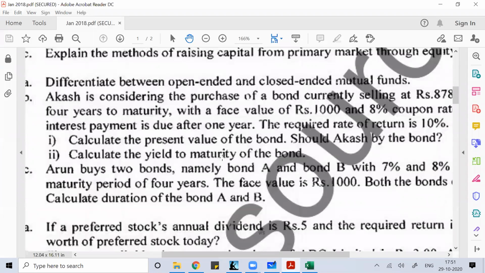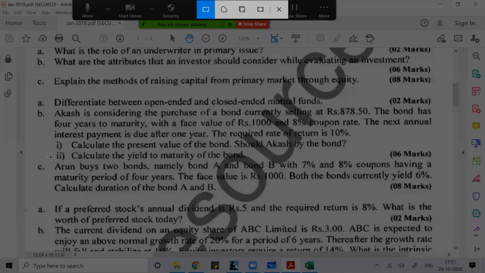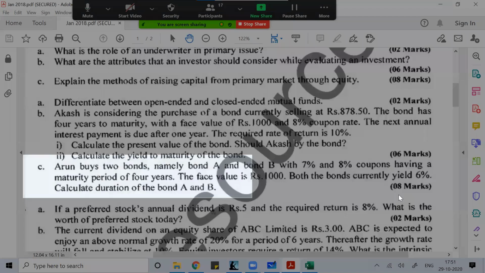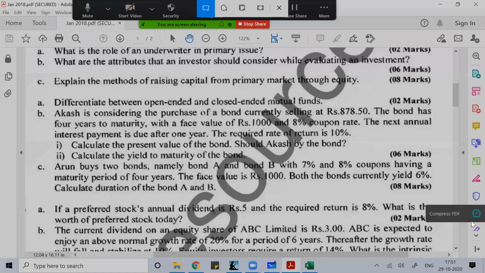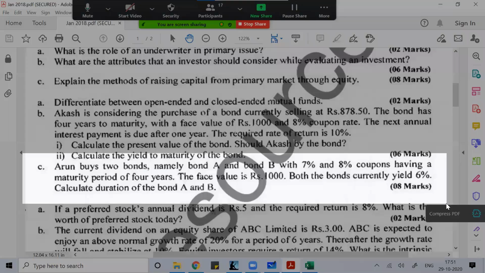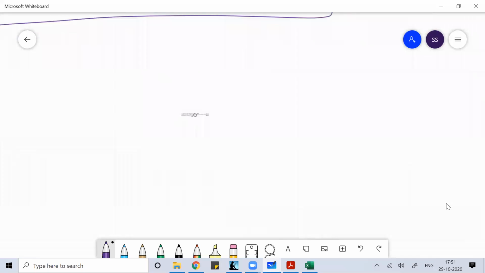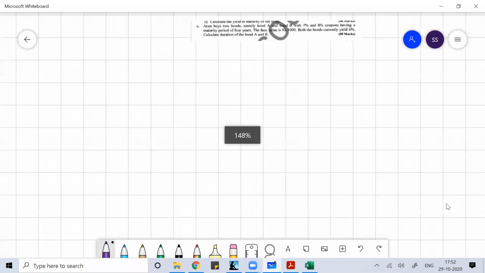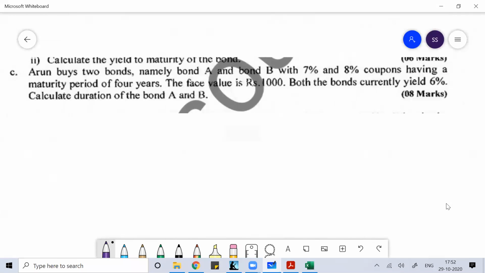You can see this question, this numerical. Exam also has numericals based on this only.